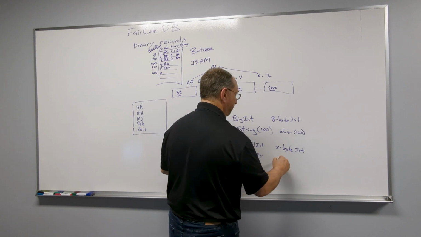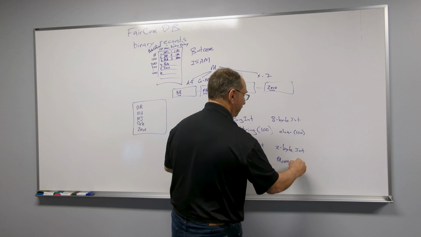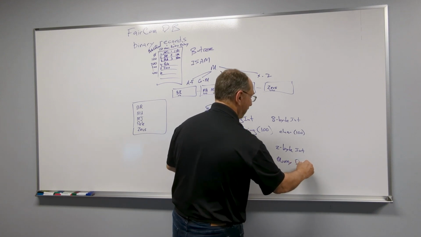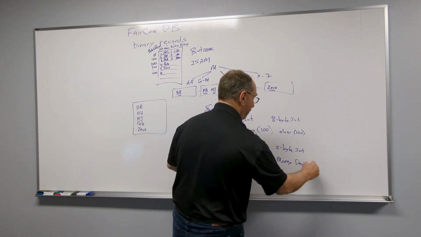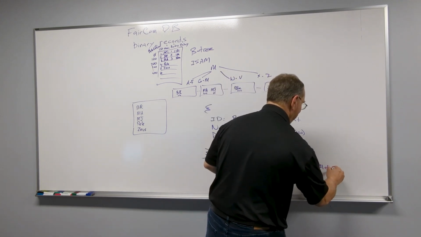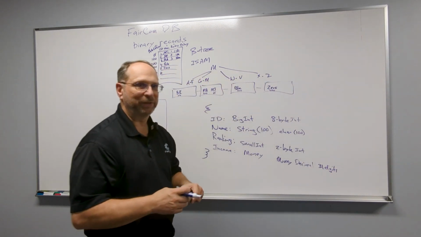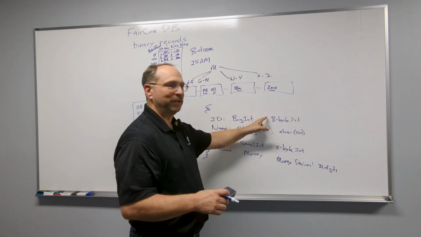And then money is a special FairCom type that is a large decimal, a base 10 number that can hold up to 31 digits. 31 base 10 digits of precision, which is way bigger than even an 8-byte integer can do, and those are huge.